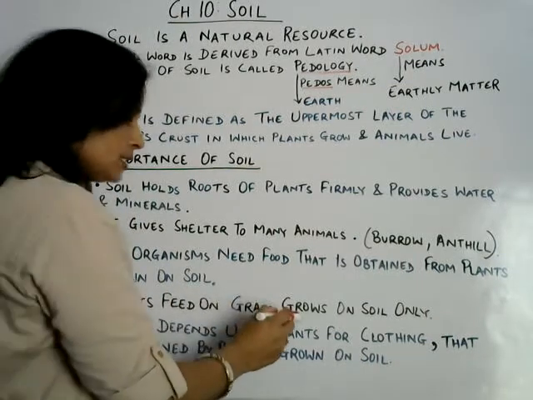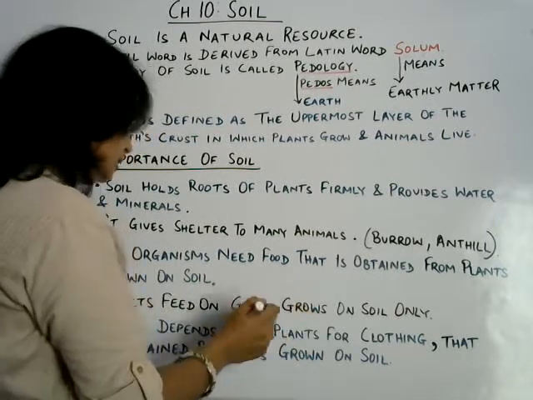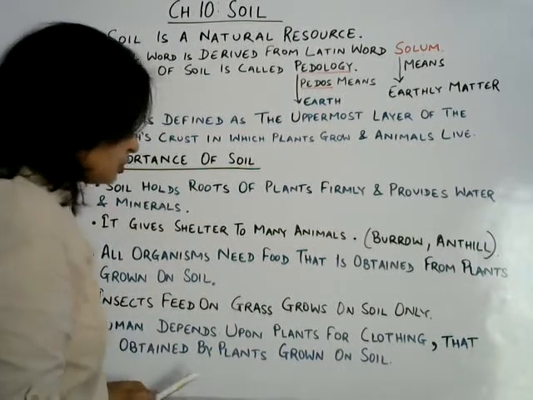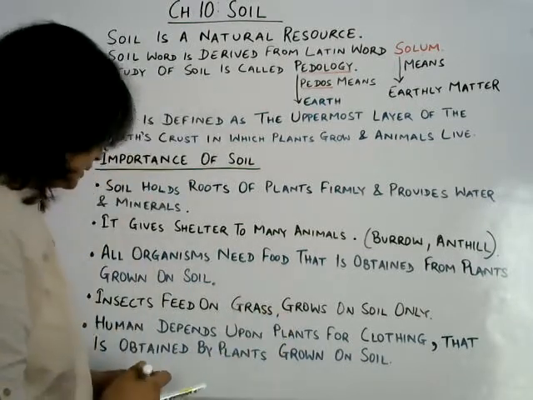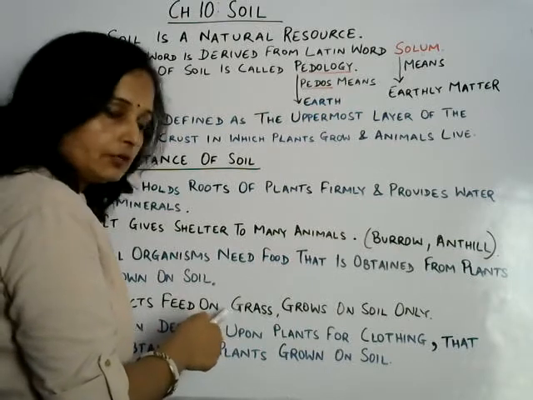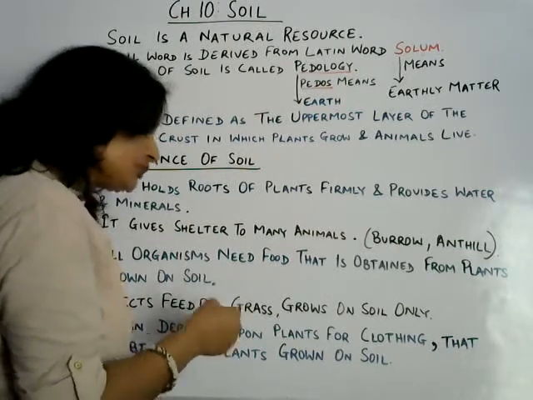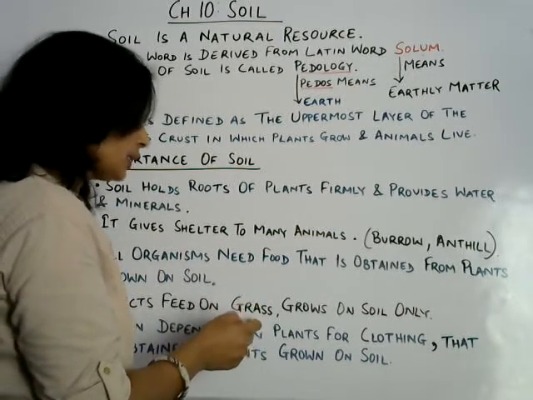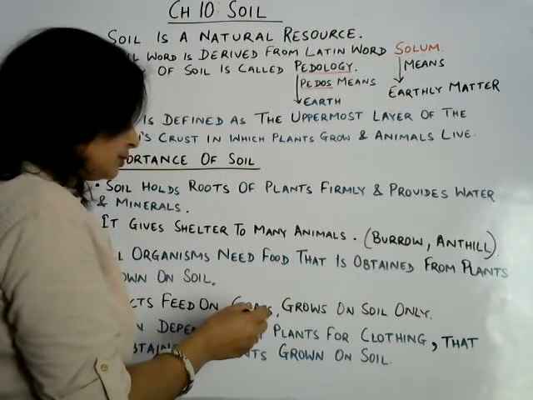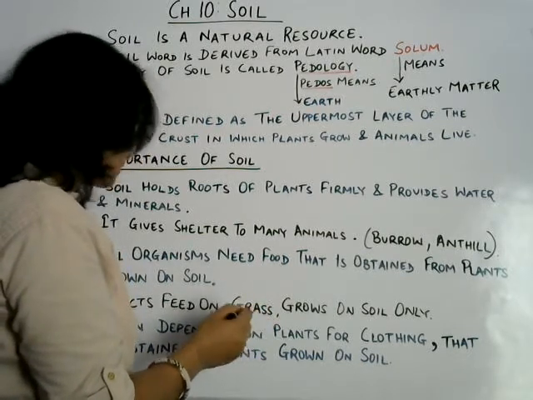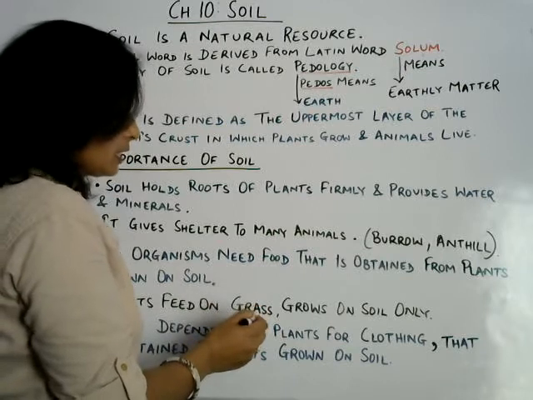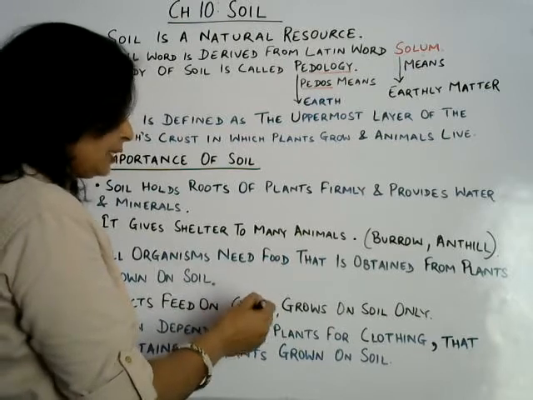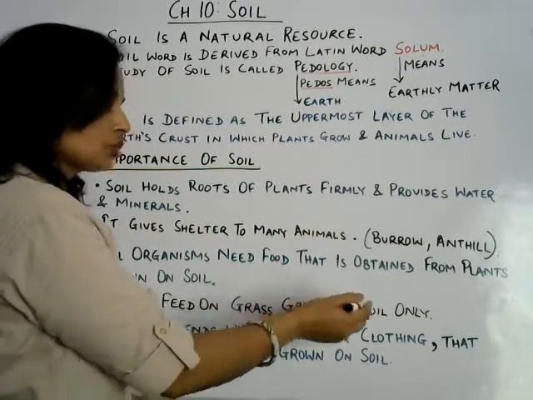Insects feed on grass, and that grass grows on soil only. Insects also live on soil and they feed on grass, like grasshoppers or other insects. And that grass grows on soil only.